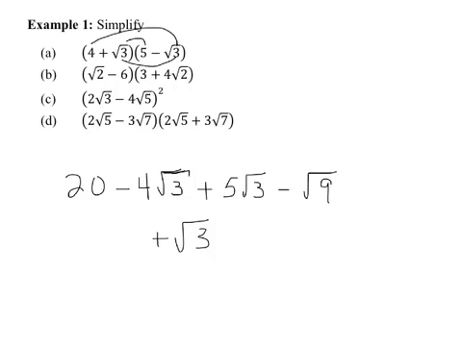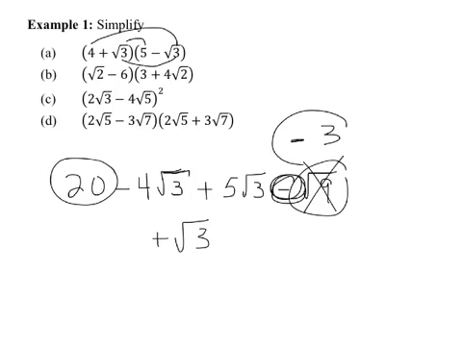This radical 9 is really 3, as Arthur said, but it's a negative 3 because of this negative sign here. So I have 20 minus 3, which is 17. Negative 4 root 3 and positive 5 root 3 gives you the positive 1 root 3.